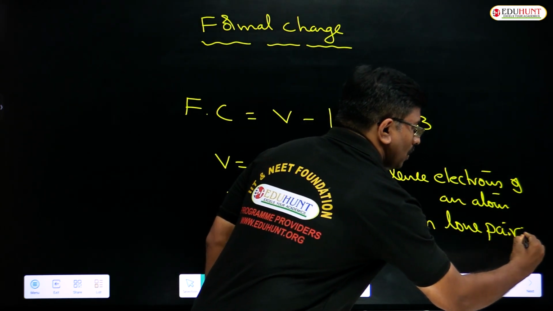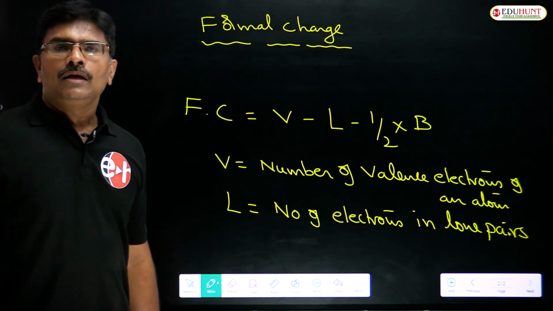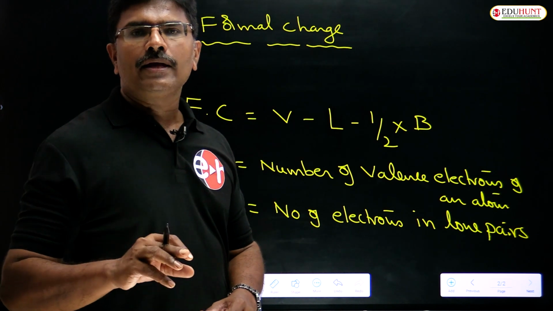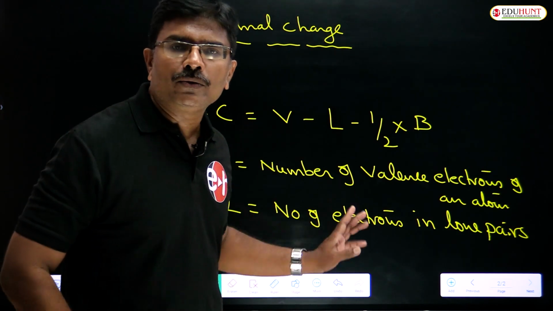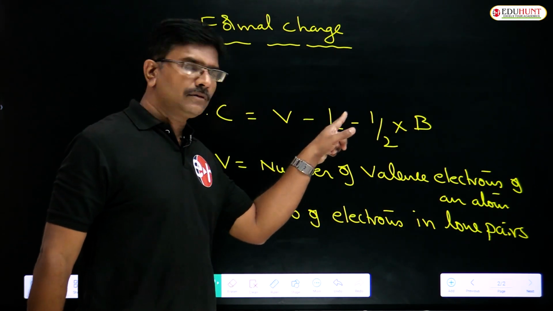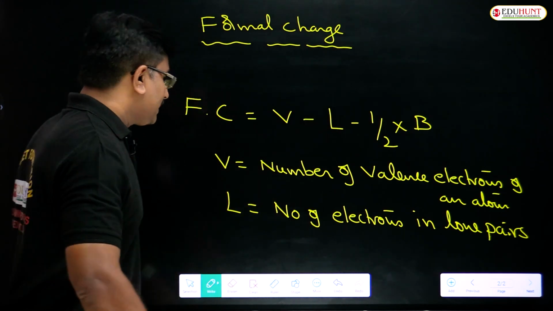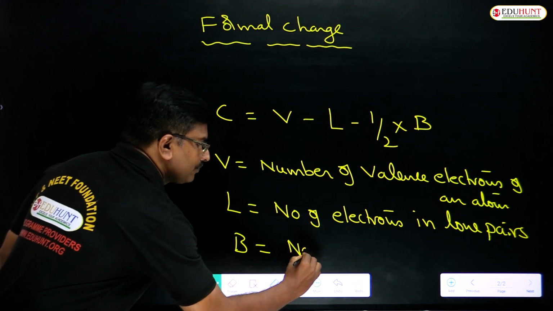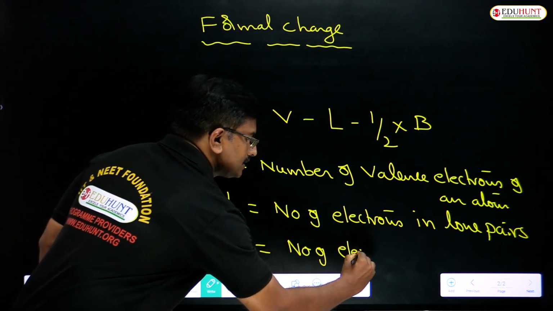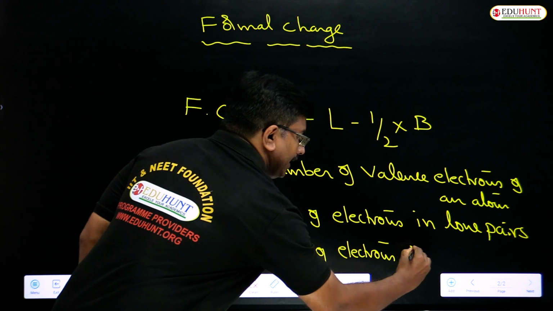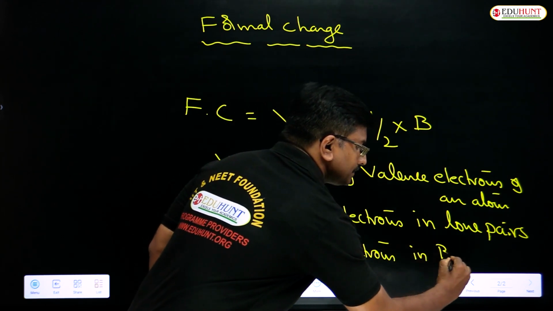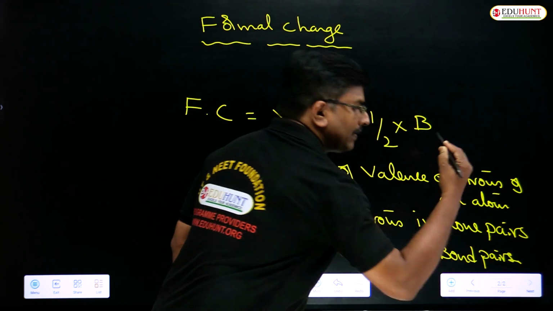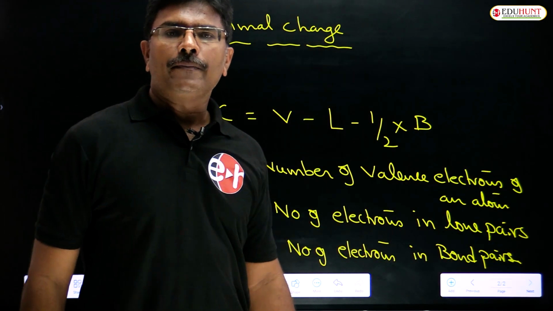If there are any lone pairs on that atom, those electrons we need to consider in L. Next, B is equal to the number of electrons in bond pairs.